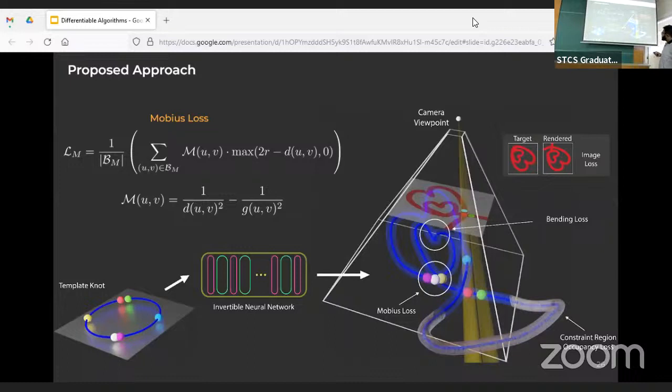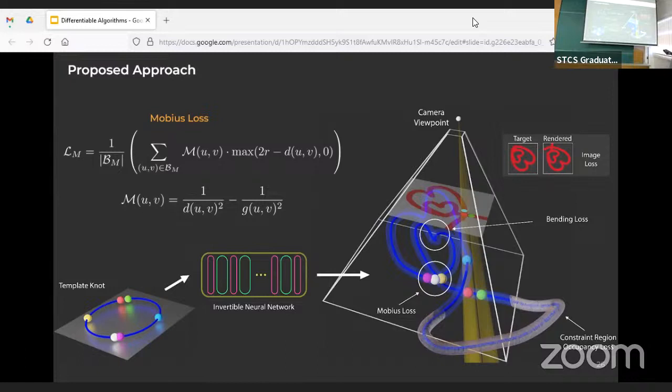And for the self-intersection, along the knot, if we look at some nearby region, for example the white and the pink, the Euclidean distance and the geodesic distance, the distance along the circle, would be the same. So this is the Euclidean distance and this is the geodesic distance. For nearby points, these two values would be the same, so there would be no penalization because these are not self-intersections.